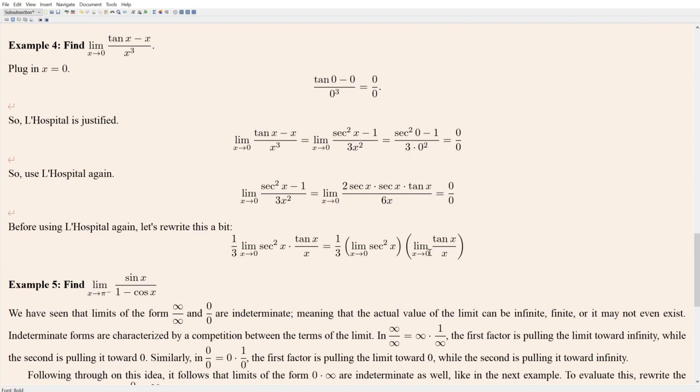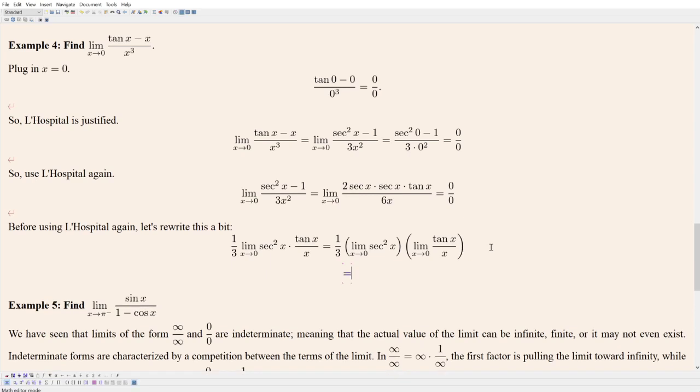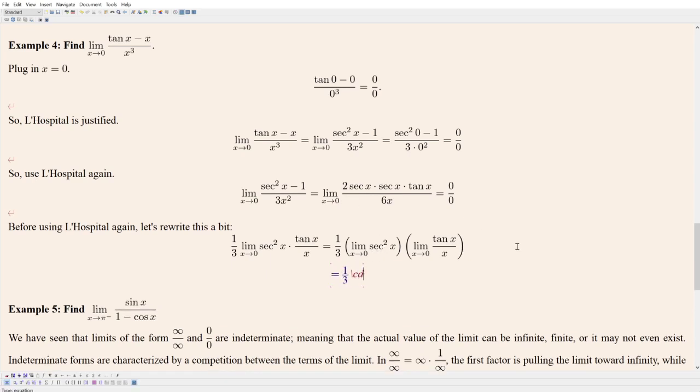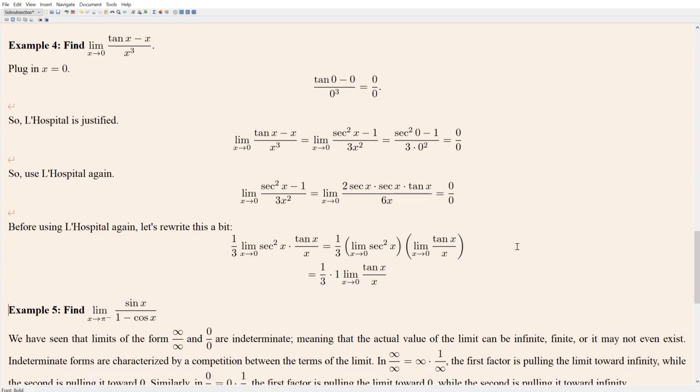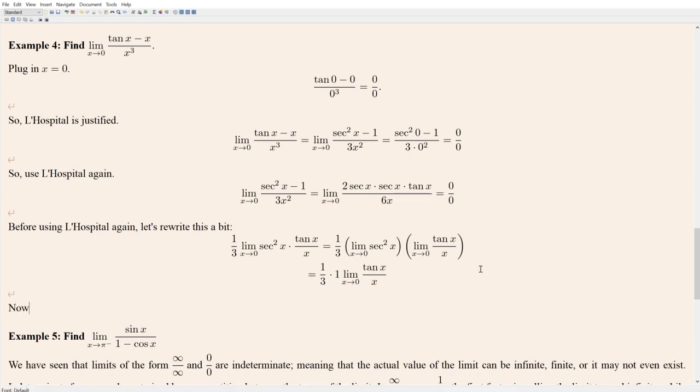Which, to be fair, we don't exactly know if this limit exists yet, but we're about to find that out. In any case, this dude here is just 1. So that is a pretty significant simplification. Okay, so now let's use L'Hopital.